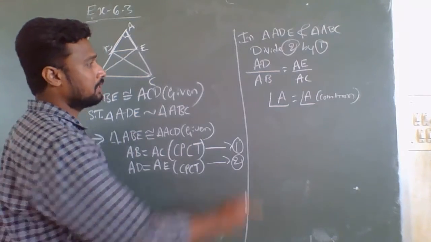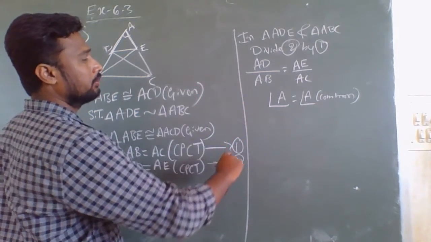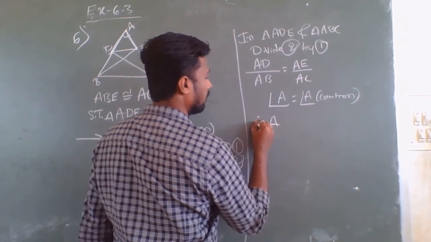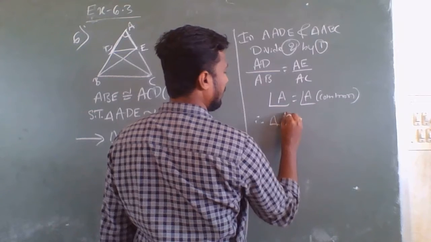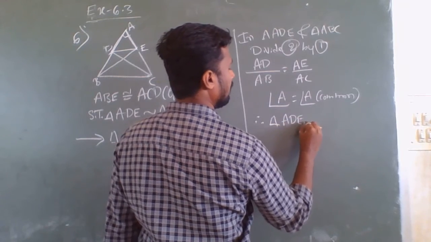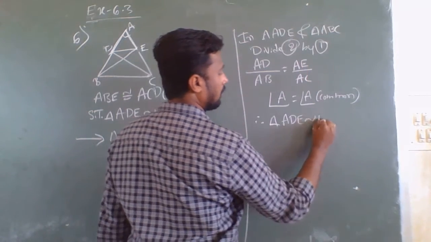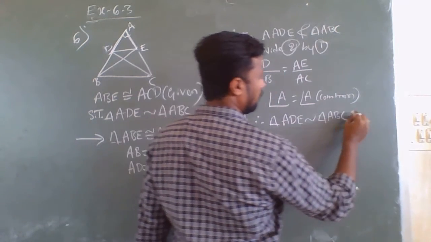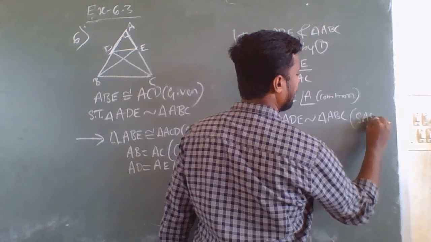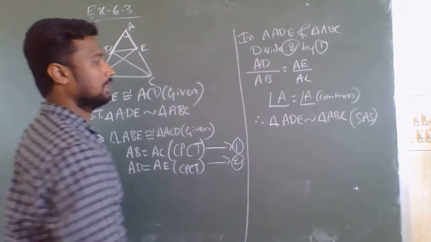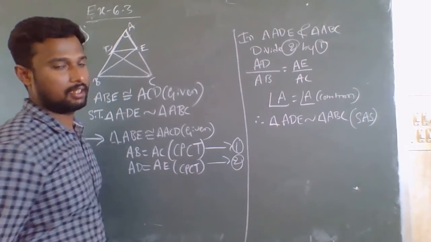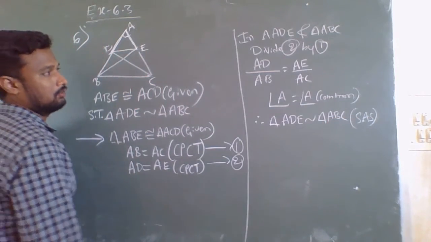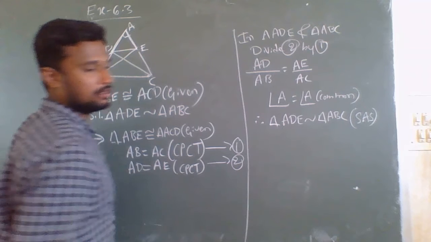By side angle side, we can say that these two triangles are similar. Therefore, triangle ADE is similar to triangle ABC by SAS. These two sides and one angle, therefore by side angle side, these two triangles are similar.